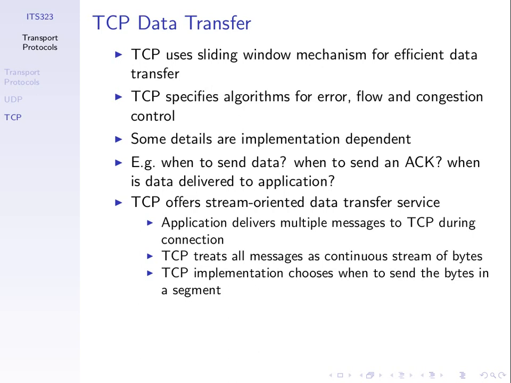So we can sometimes discuss them separately, but later we'll see there's some relationship between them. We're going to look at the general algorithms for those 3. In fact, in some cases, the details of how they work depend upon the implementation. So one operating system may implement it slightly different than another operating system. So some things are not specified and we cannot predict in advance.